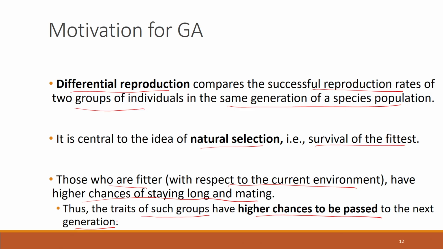Before we move on further, let me also tell you where these genetic algorithms stand as compared to the other approaches for optimization that we have seen. For example, one of the approaches that we had seen to solve general integer programs was the branch and bound method.